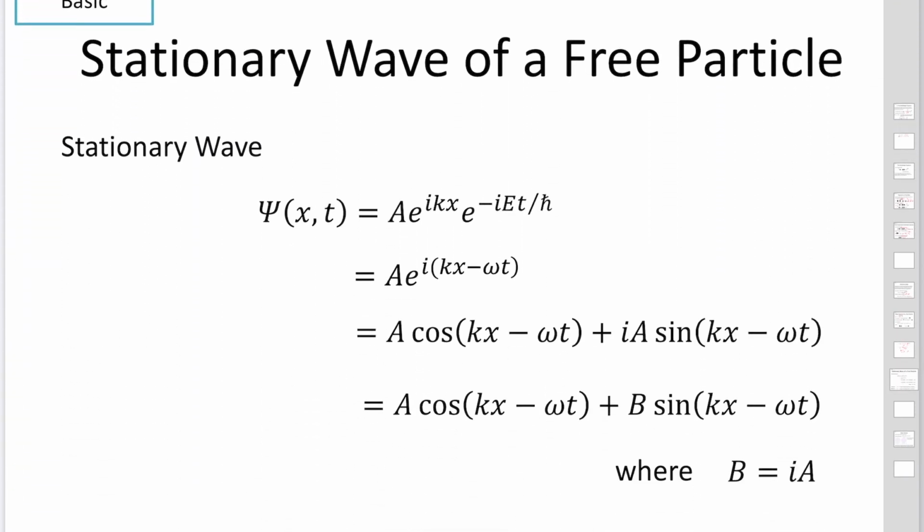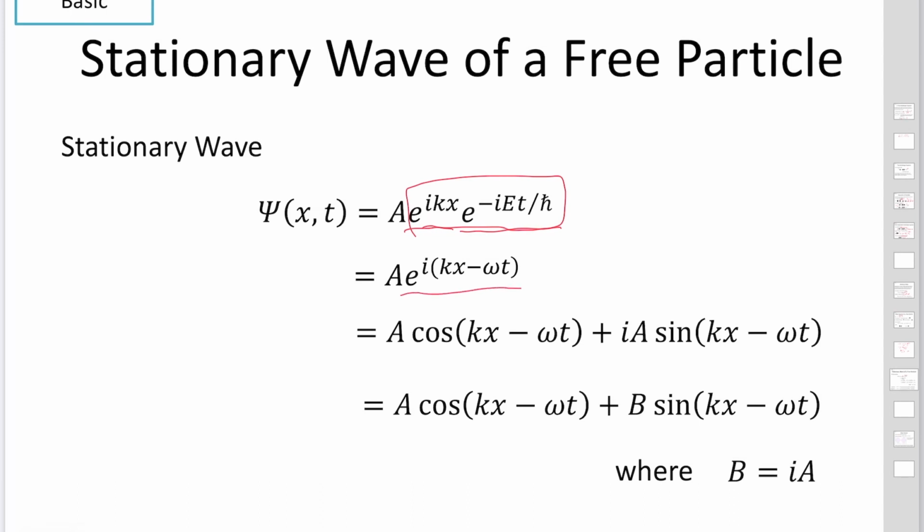So the wave equation can be expressed as exponential ikx for the stationary waves, times exponential minus iEt over h bar. By combining these two equations, we have these expressions.